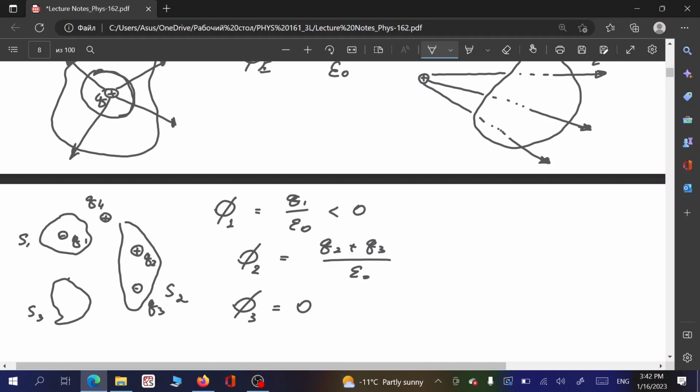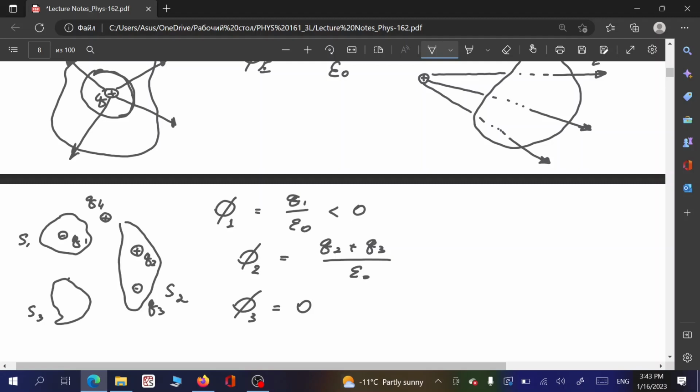So now let us summarize our discussion. We introduced the concept of electric field flux. We know that it is defined as the product of electric field magnitude and area of the surface, and we need to multiply it by the cosine of the angle between the electric field vector and the normal to the surface.